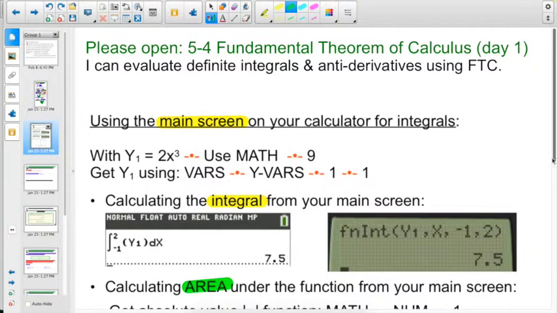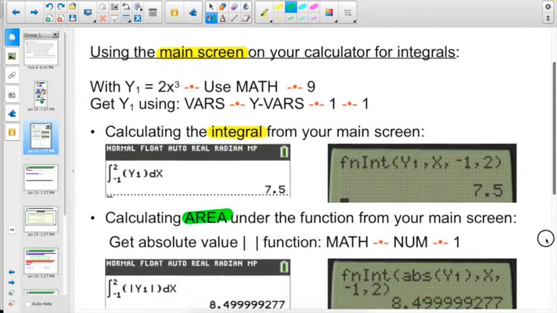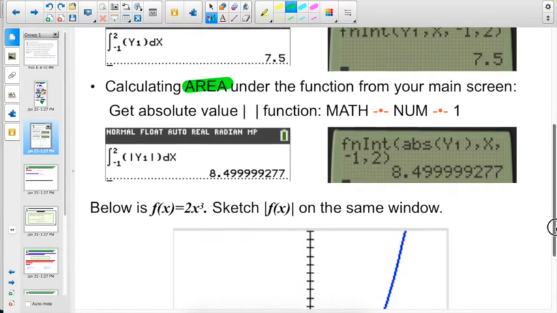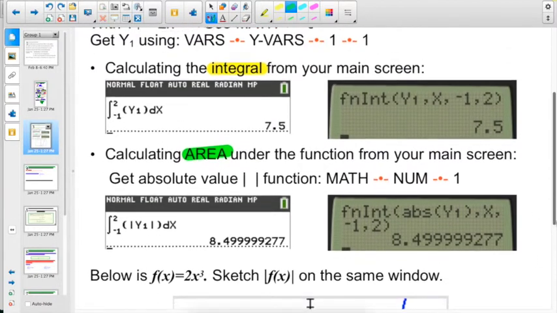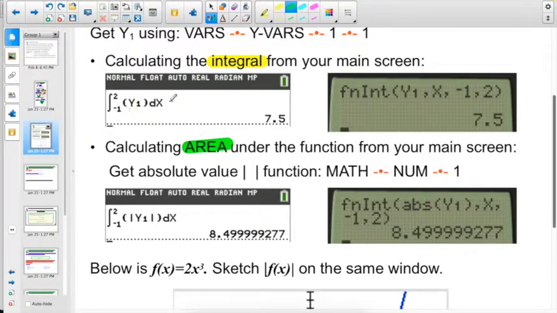So here's the syntax to put in to do each one of these things, if you want to do the area or the total area, or the definite integral, real quickly just from the calculator home screen if graphing it is not important.